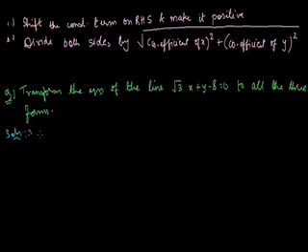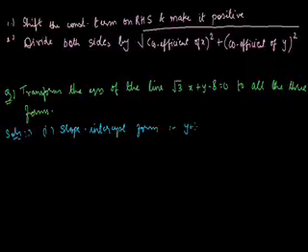First we'll convert our line into slope-intercept form. Now we know that slope-intercept form is y is equal to mx plus c. So we'll convert the given equation of the line in the same form.